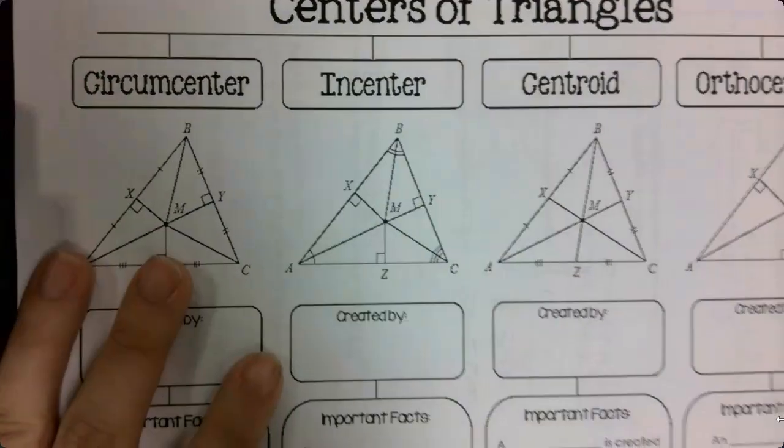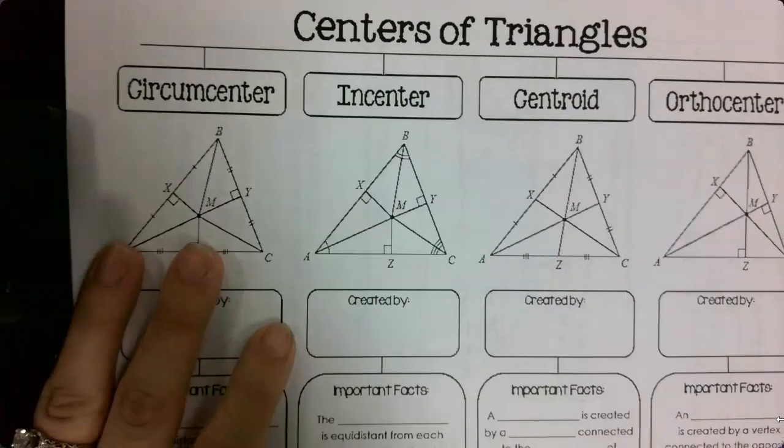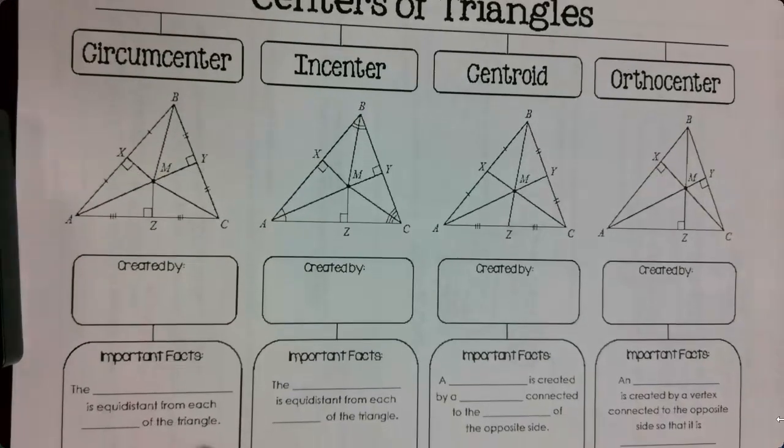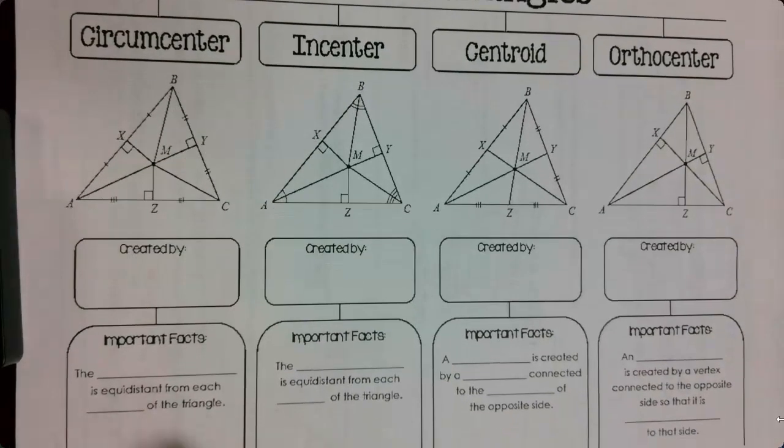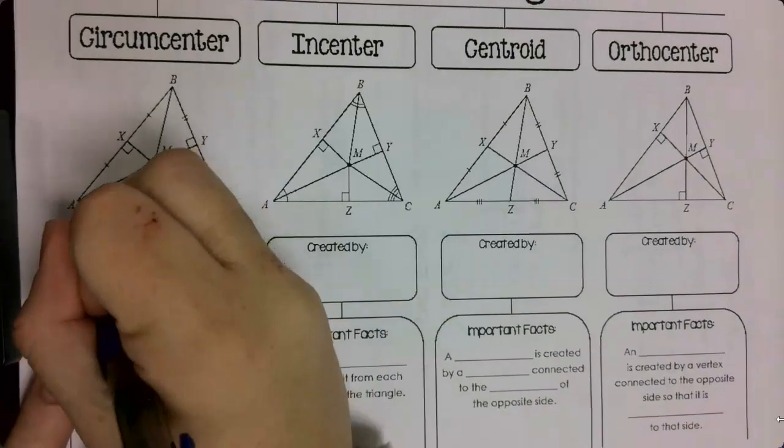Okay, so on the back side, we're just going over centers of triangles that we've covered in this chapter. So the first one I have is my circumcenter. This is created by perpendicular bisectors.